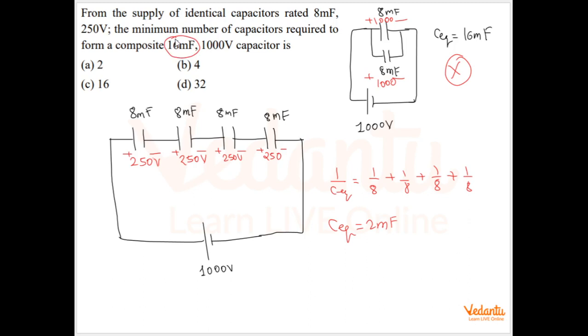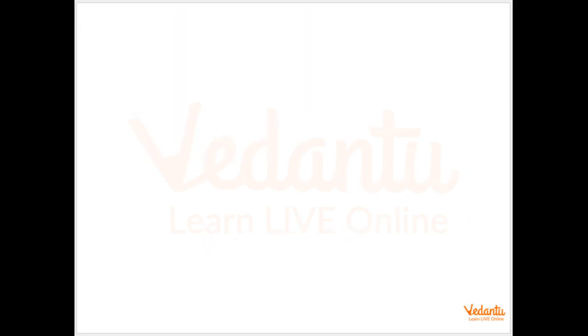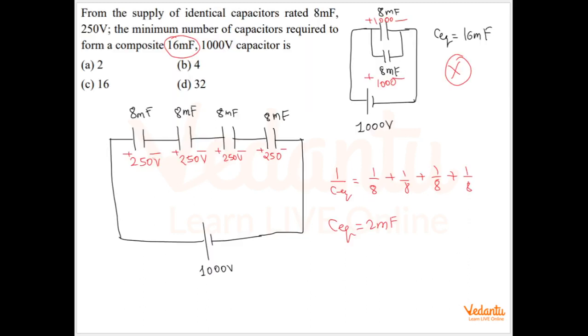But now beta, with this starting point, we can very well achieve that 16 millifarad capacity. What I will do is beta, I will just make a parallel combination of this. If I connect in parallel with each other, I can increase the capacitance.